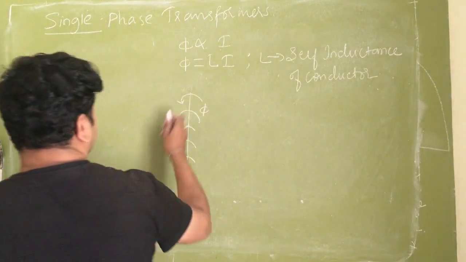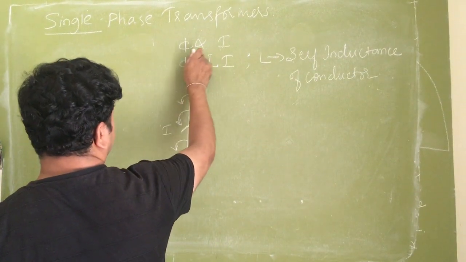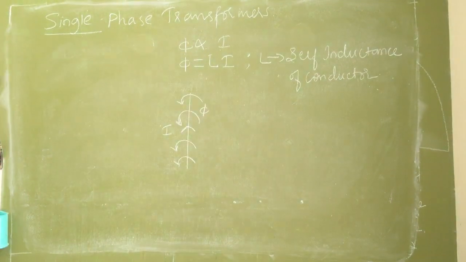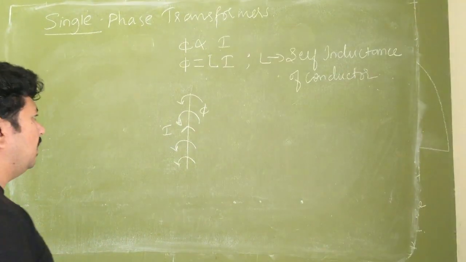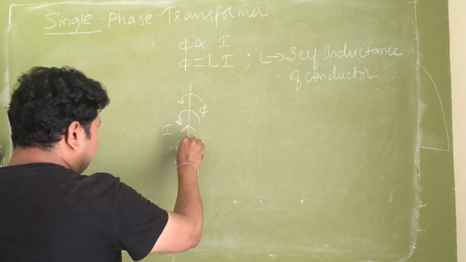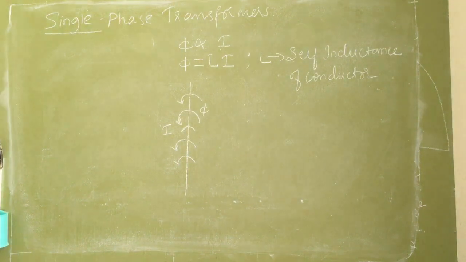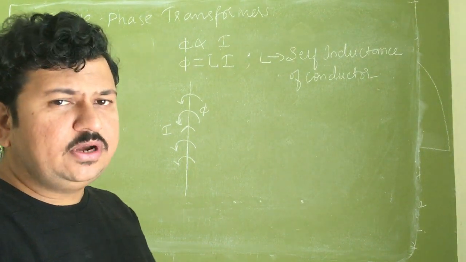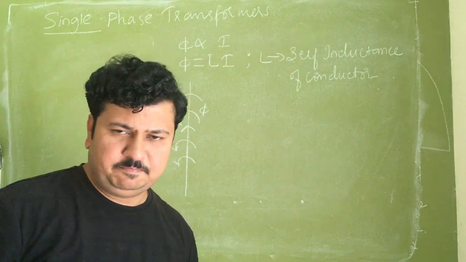So phi is proportional to I, and phi is equal to L into I. Now if I keep this conductor straight, I will get some quantity of magnetic flux.